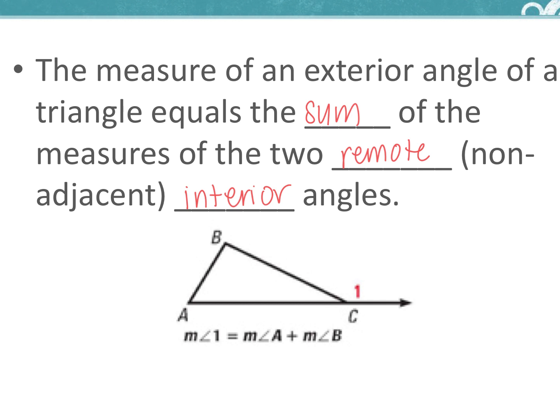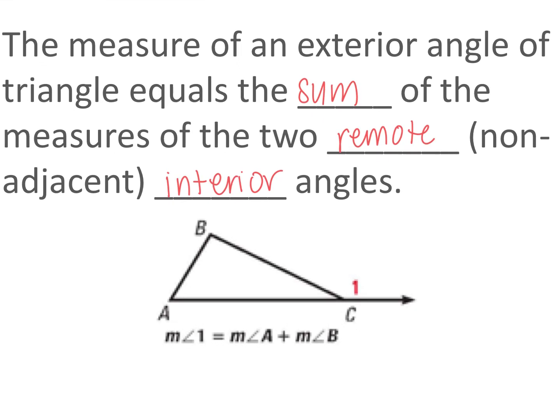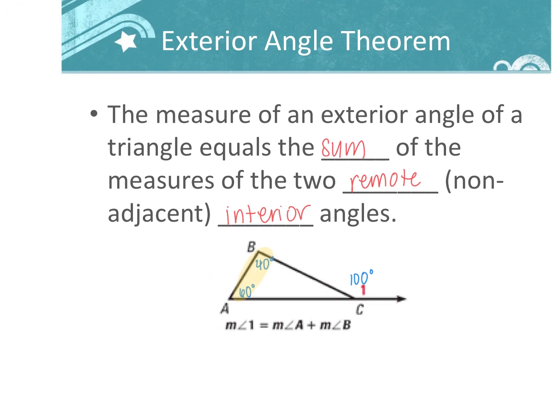If I have this triangle, the sum of the interior angles equals the outside angle. So let's say this was 100 degrees. That means this side could be 60 degrees and this side can be 40 degrees. I'm adding my two interior angles. Okay, so the sum of the interior angles equals the outside angle.